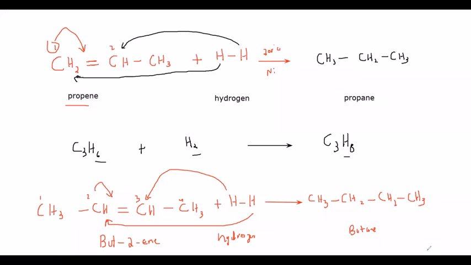For example, if they say butene plus hydrogen, what will be the product if butene is added to hydrogen? Butane. So the product will be single bond butane.